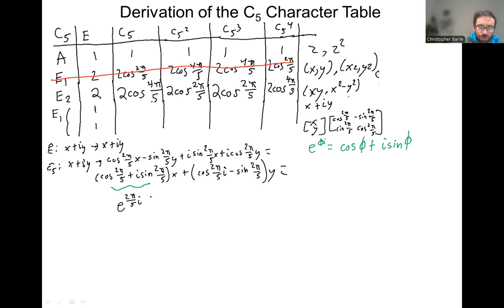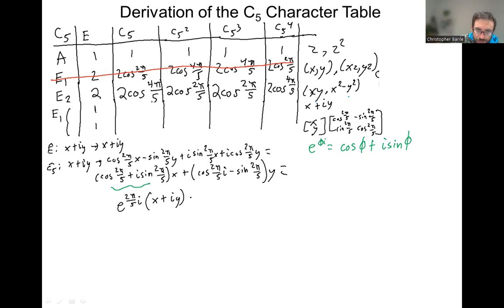I will prove it to you, but this actually equals this times itself, which is really nice. What's nice about this is that now we have x plus iy going to something times itself. We have an eigenfunction, basically. And so we can plug in a value for the character right away with a 1-by-1 matrix. We don't have to do 2-by-2 matrices, because we're back to where we started.